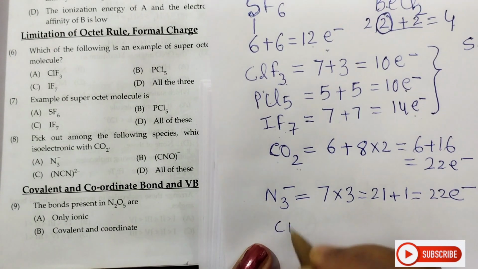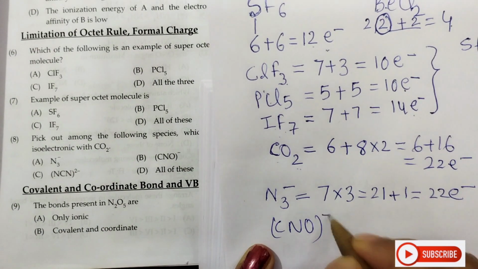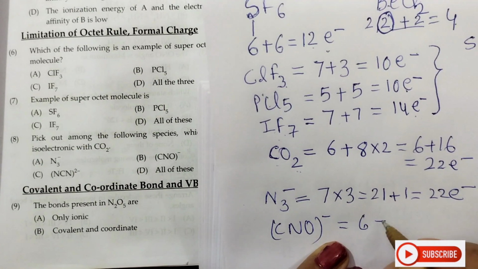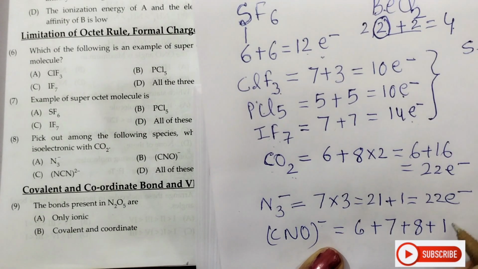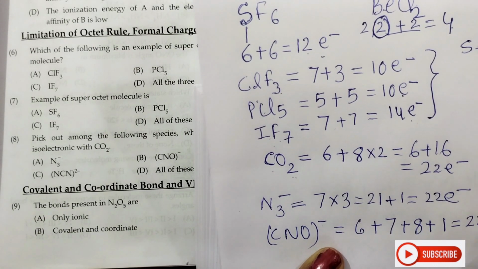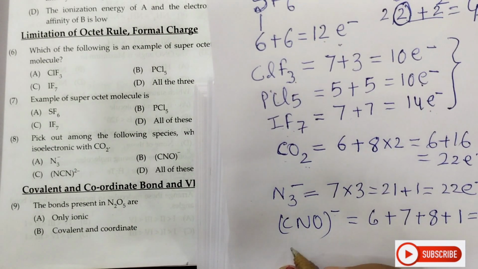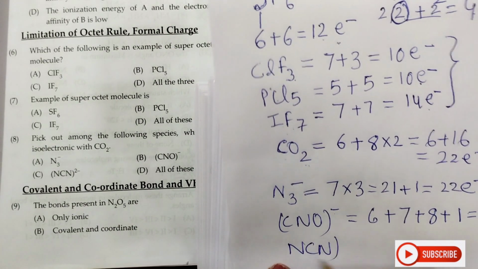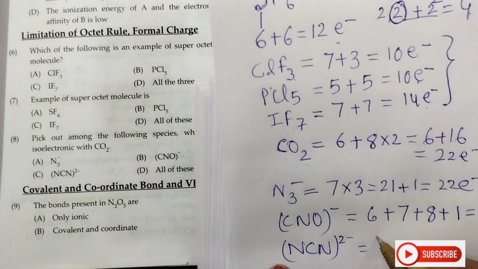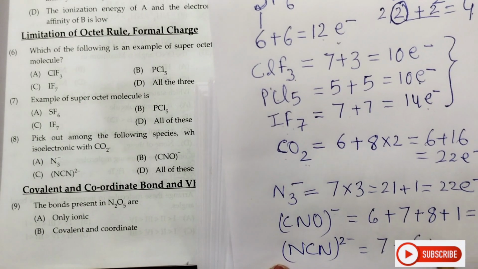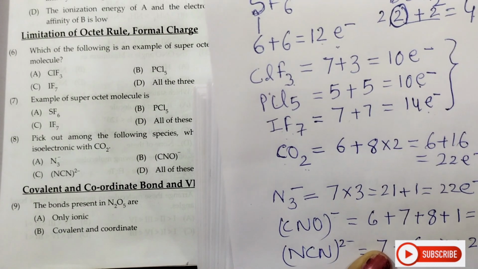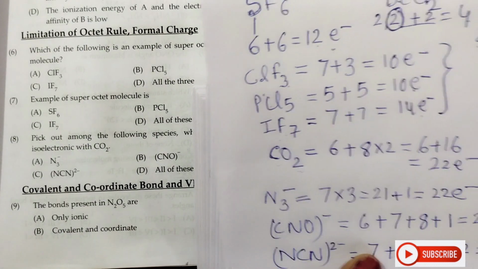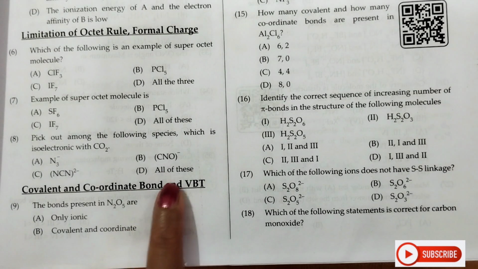See the next one, CNO minus. Carbon will give you 6 electrons, nitrogen will give you 7 electrons, oxygen will give you 8 electrons plus 1 negative charge. So this will also come to 22 electrons. Let us see the third one, NCN 2 minus. So here it will be 7 plus 6 plus 7 plus a 2 negative charge. So if you check this, this will also come to 22 electrons, and therefore the answer here is all of these.